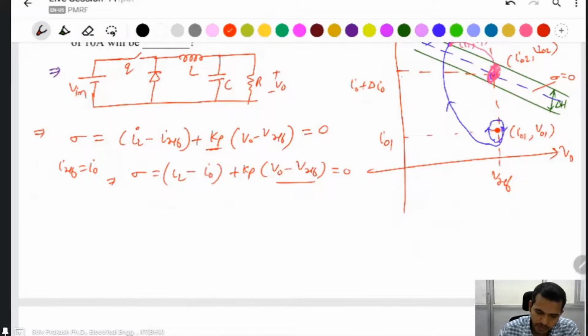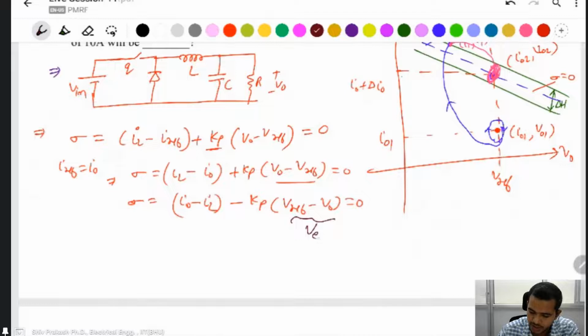If you take a common negative term here, then you find I naught minus IL, and you take minus common, then you find V reference minus V naught. This one is the error voltage.